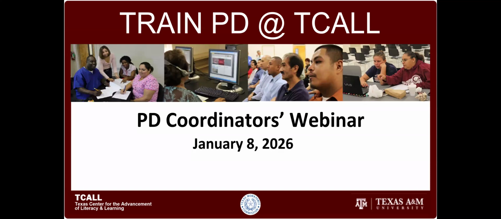So if you could change it to one that we will recognize, although you don't get PD credit for being here, we do want to know who is in here. So if it logged you in as Apple Phone One or something like that, make sure you change the name to something that we can recognize, preferably what you're known as in the PD portal.